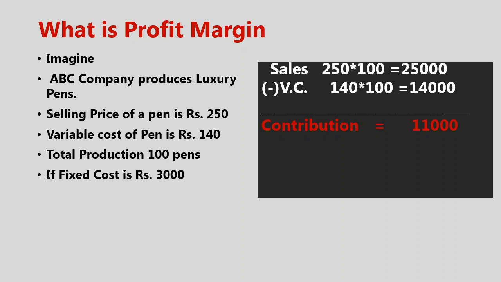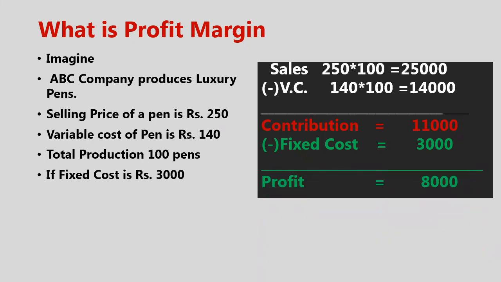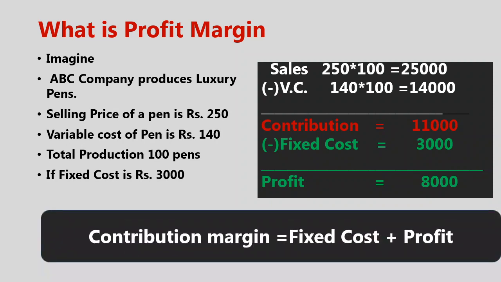So to calculate profit margin, we should reduce fixed cost from the contribution, which is amounting to rupees 3,000. So we'll get profit margin of rupees 8,000. So another formula of contribution is contribution margin equal to fixed cost plus profit.